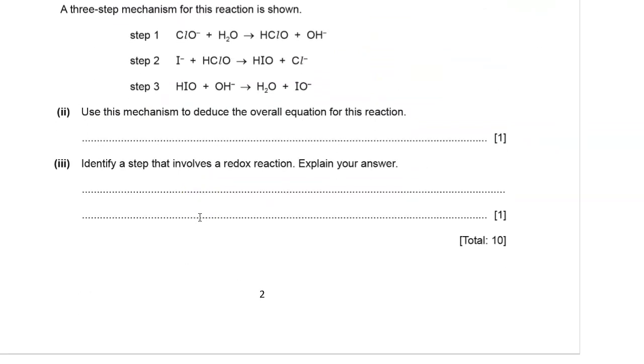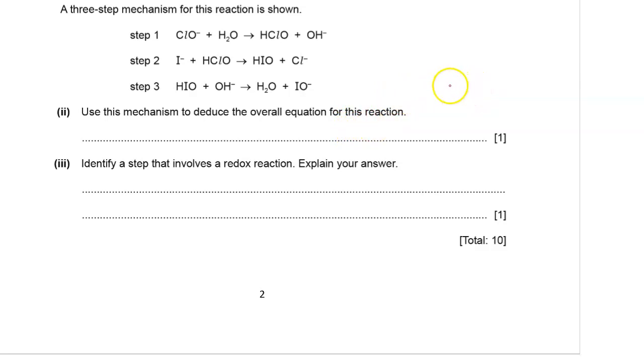Step 3. A 3-step mechanism for this reaction is shown. Okay, we have step 1, step 2, step 3. Use this mechanism to deduce the overall equation for this reaction.